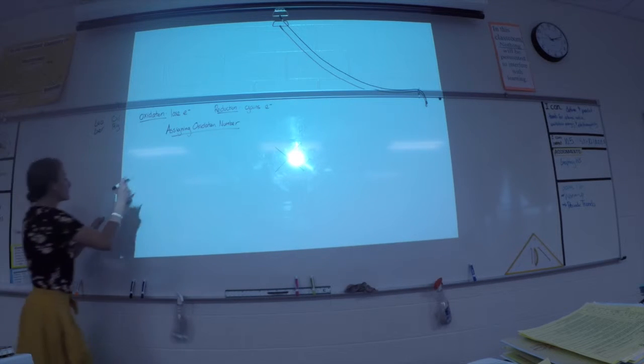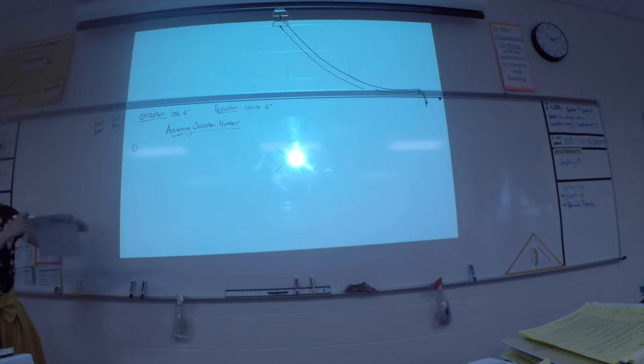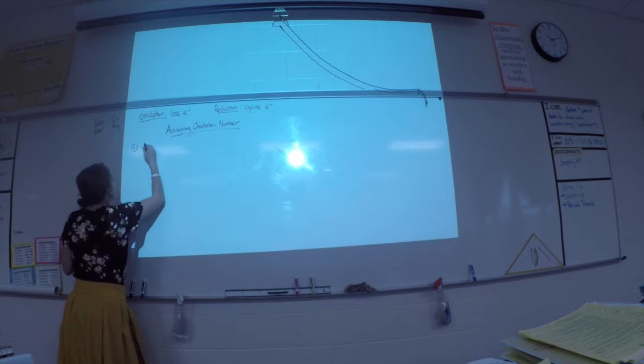Okay, so rule number 1. When we assign oxidation numbers, if it's an element, it equals 0. So if it's just an element all by itself, even if it's diatomic, because that's its natural state, its oxidation number is 0. So natural elements equal 0.